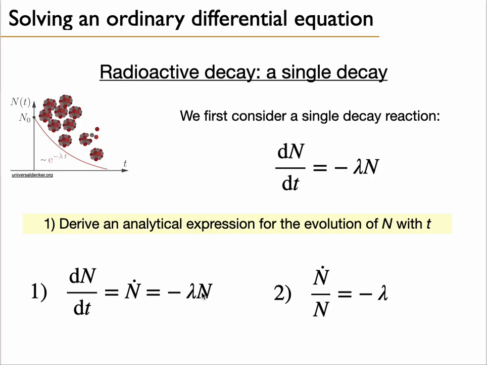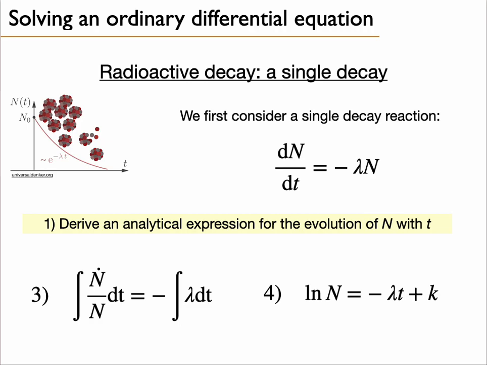Then we put n from the right-hand side to the left-hand side. So we have n dot divided by n is equal to minus lambda. And then we integrate over time n dot divided by n, and integrate over time minus lambda.